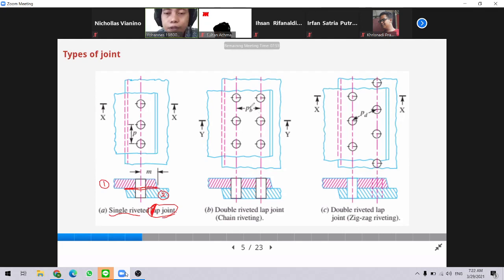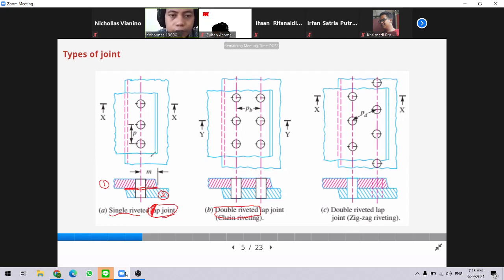We can put one more column of rivet on the overlap area, so we call this a double riveted joint.